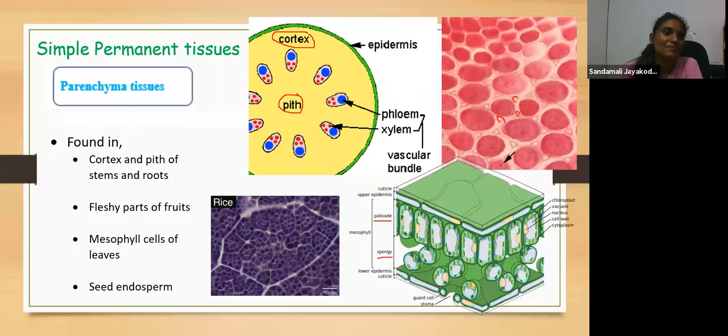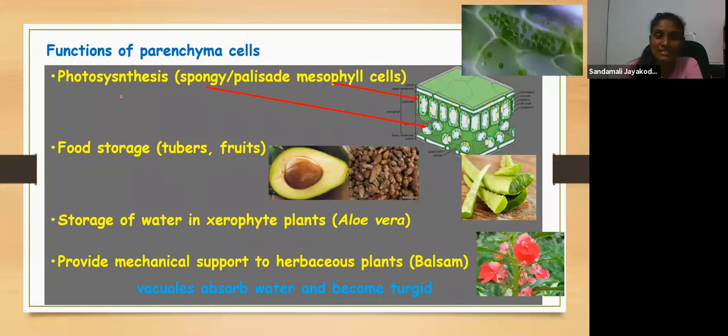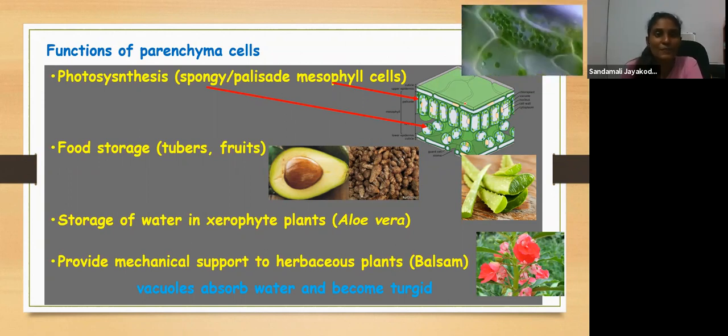And then we are moving to discuss the functions of parenchyma cells. The first function which is mentioned here is photosynthesis. As we see here, spongy mesophyll and palisade mesophyll carry out photosynthesis to produce food in a plant.